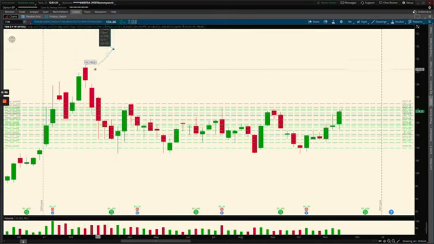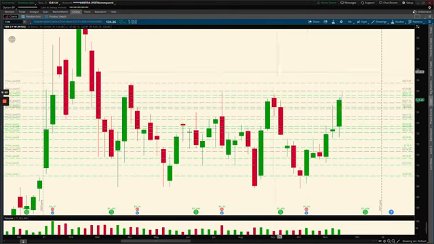You're looking for the top point or candle in a certain range of price action, and then you want to see the next highest candle in the price action range you're looking at.